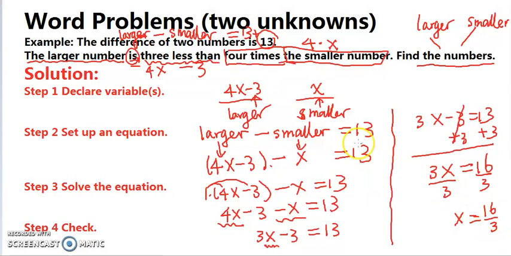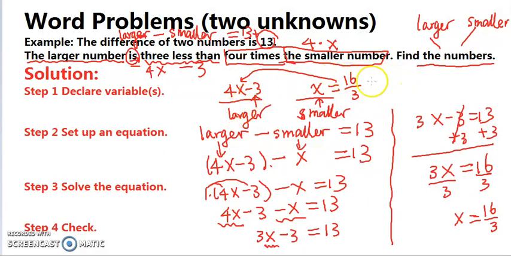And now we're going to go back, because we're supposed to find both the larger number and the smaller number. We're going to go back to step 1. We write down what x is, 16 over 3, and then we write down what the larger number is. All we have to do is plug in 16 over 3 for x in order to find out the larger number.